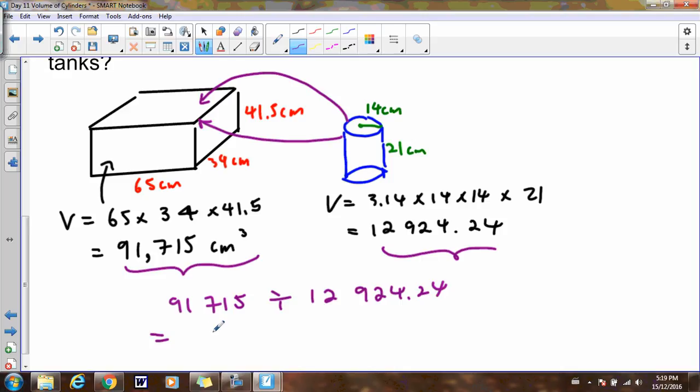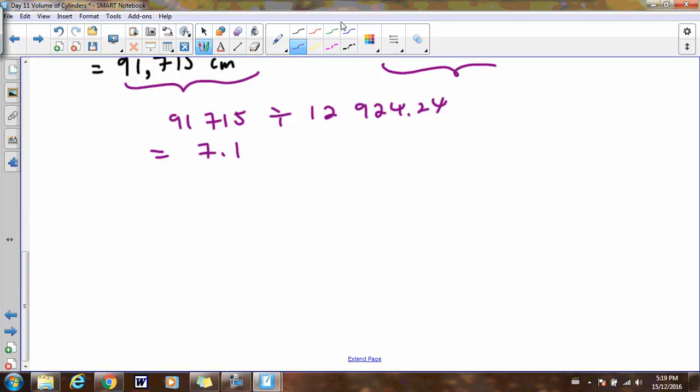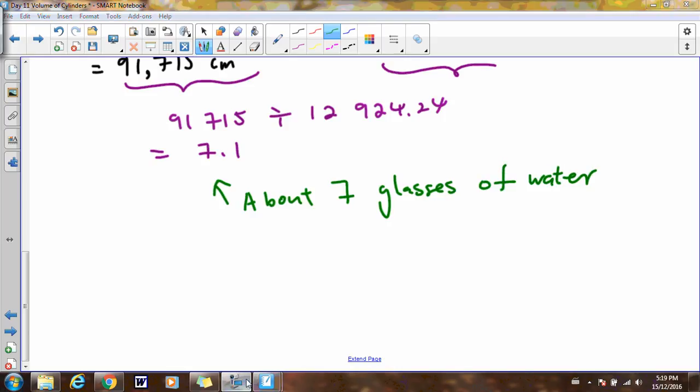If you divide them, you're going to get the answer 7.1. So that means you're going to need about 7 glasses of water to fill the fish tank. That's what it means. Okay. There you go.